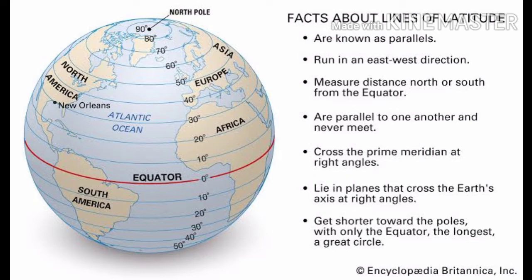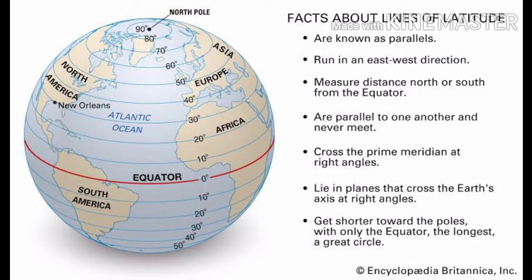So it is the angular distance between the equator and any parallel point in the north or south hemisphere, measured in degrees. That means if there is any point in the northern or southern hemisphere, in what will we measure it? In degrees.